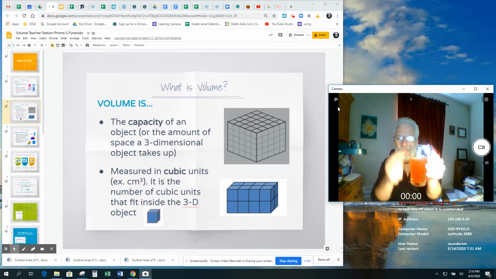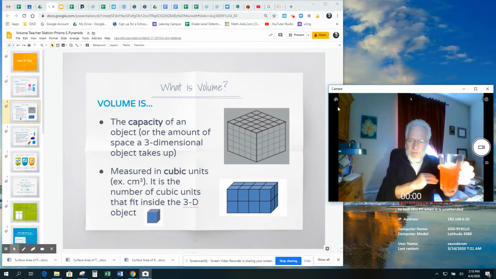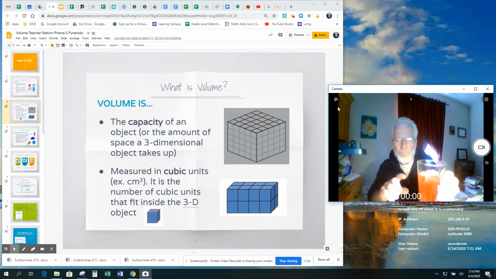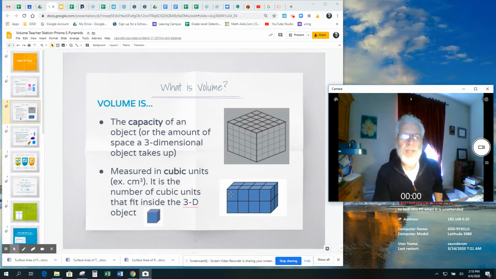If it was completely full, if I poured all of this volume on my table, it would probably cover my whole desk. So volume is different, and it's measured in cubic units. So we'll have centimeters to the third, or centimeters cubed, or inches cubed, or cubic yards, or something like that. So it's the volume of a three-dimensional space. Volume is the amount of units taken up by a three-dimensional space.